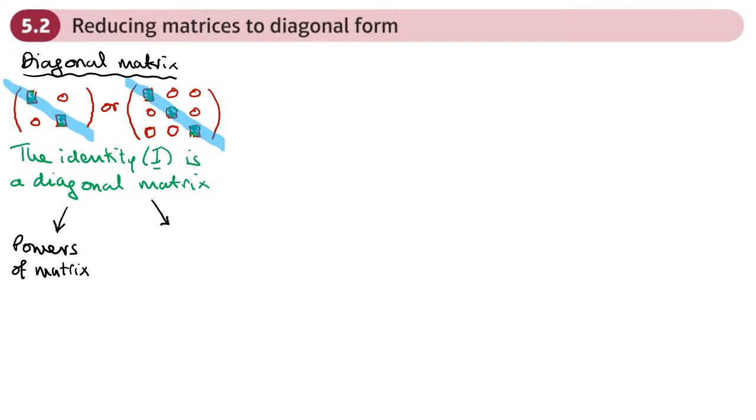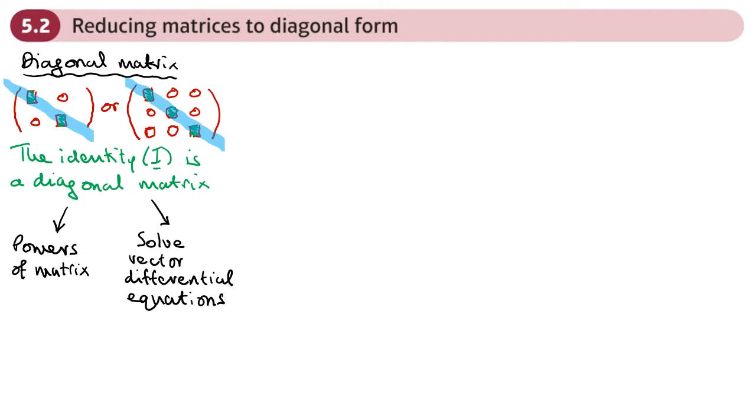And also, if we want to solve vector differential equations, now that's beyond further two, but I'm sure you could probably find plenty of stuff about it online. But yeah, that's another reason we would use a diagonal matrix.